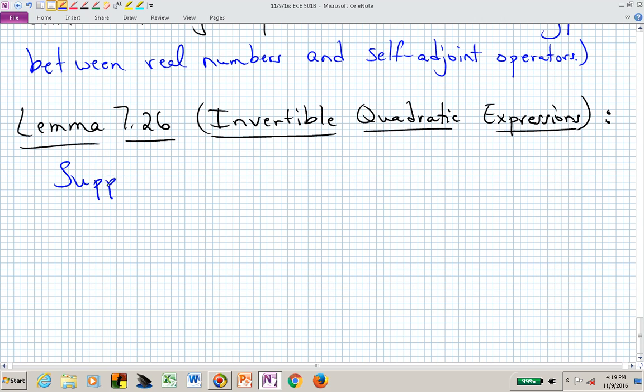Suppose that we have a linear operator on a vector space V, and suppose that we put a little bit more structure on that linear operator, and we require it to be self-adjoint. So now suppose T is a linear operator and is self-adjoint.